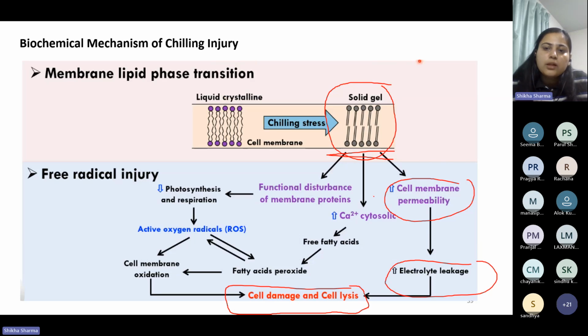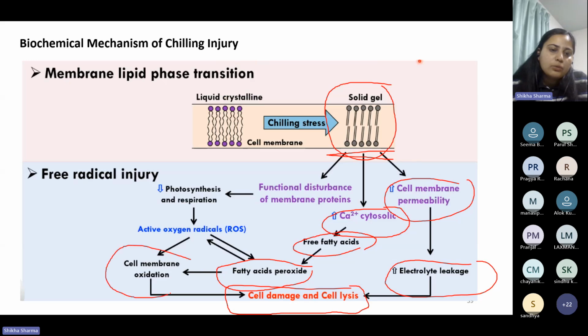Second, there may be an increase in cytosolic CO2 levels. Because of that free fatty acids will be more, they will further oxidize, and fatty acid peroxides will form, leading to cell membrane oxidation and finally cell damage or cell lysis.